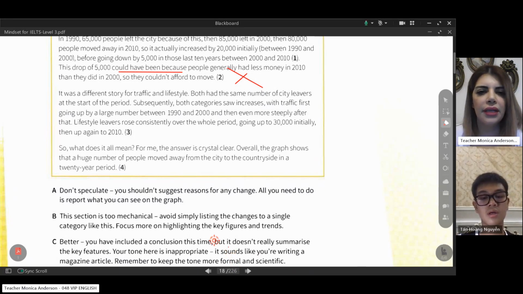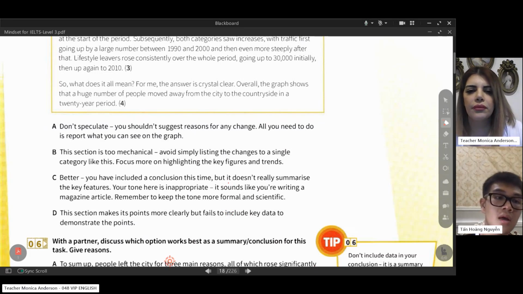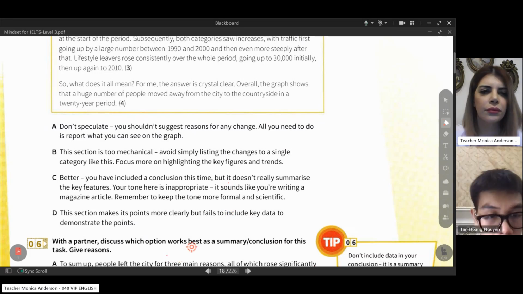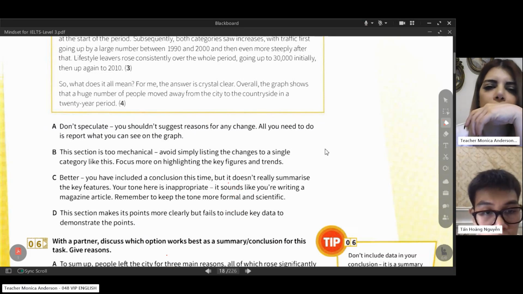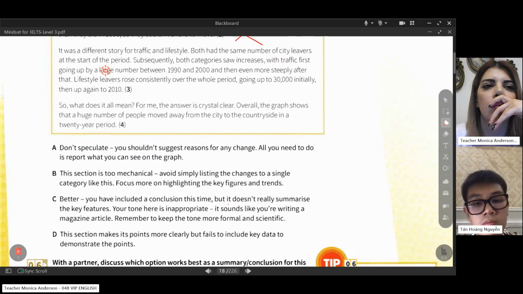Which one? I think just D. I think it is suitable.